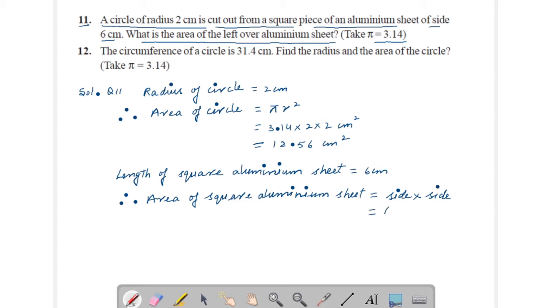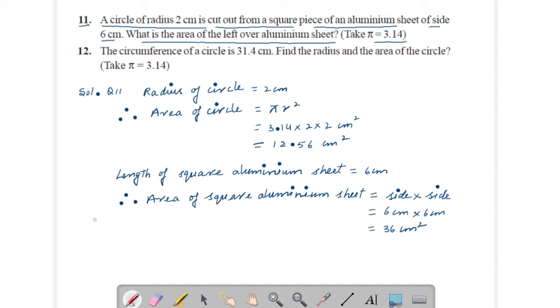That is 6 centimeter into 6 centimeter. Multiply it, you will get 36 centimeter square.